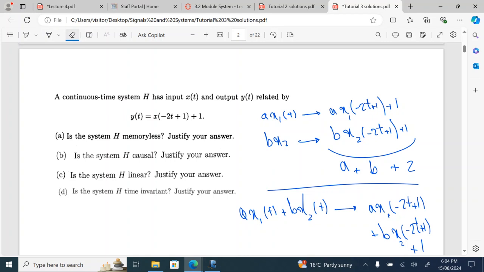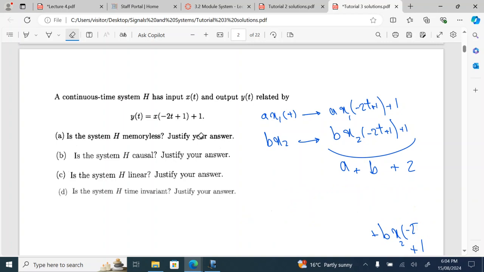Now, item 4. Could anyone solve item D? Who? Yeah, come. This time the mark will be yours. Okay?